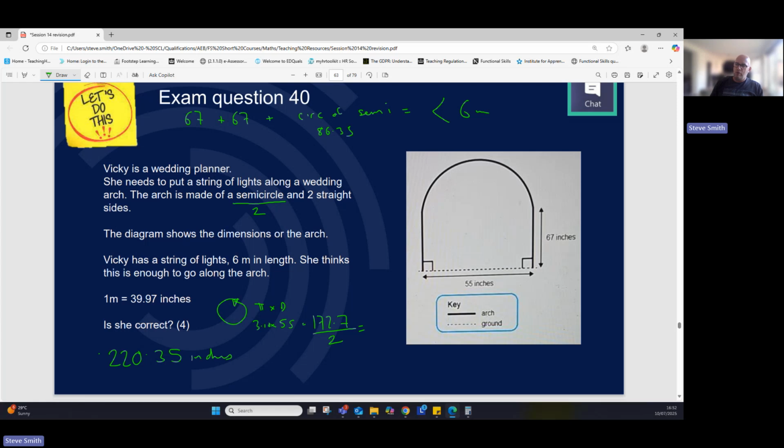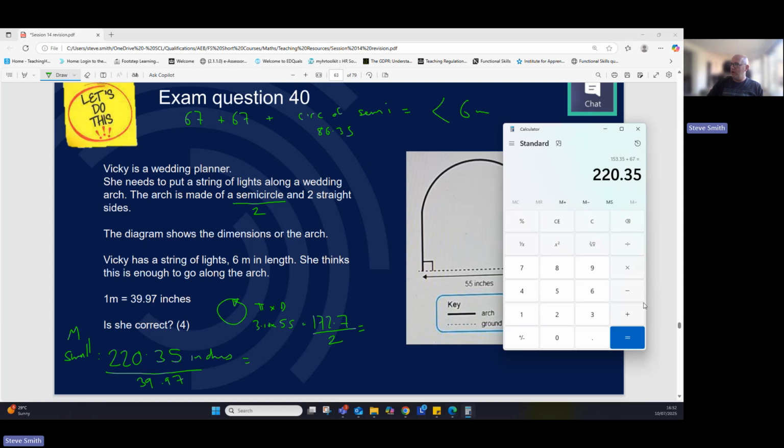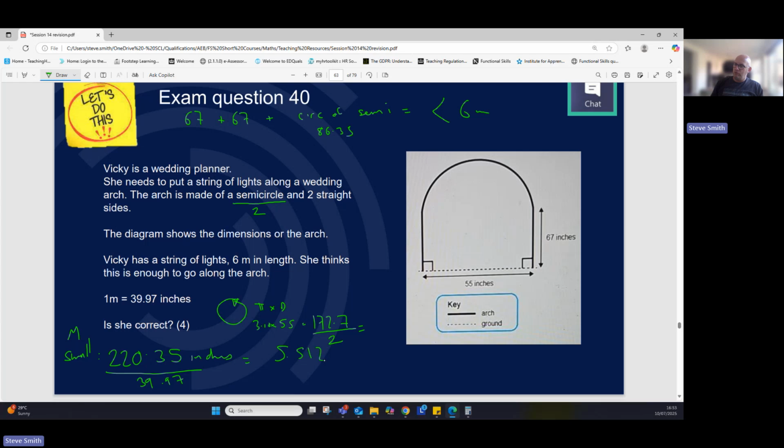What we're going to see here now is that for every 1 meter, we've got 39.97 inches. So like we did before, this number is going to be smaller, so we need to divide our 220.35 by 39.97, and we've got a length of 5.512 meters.